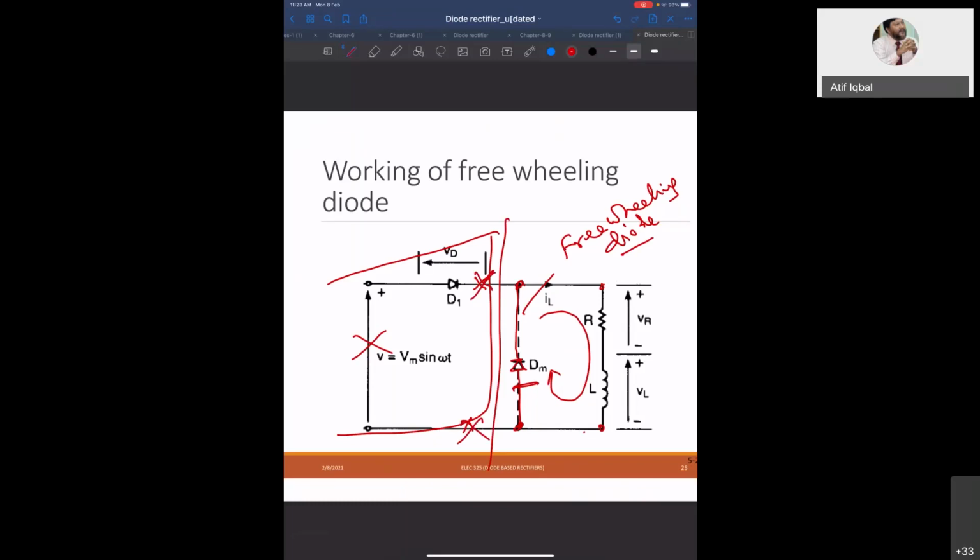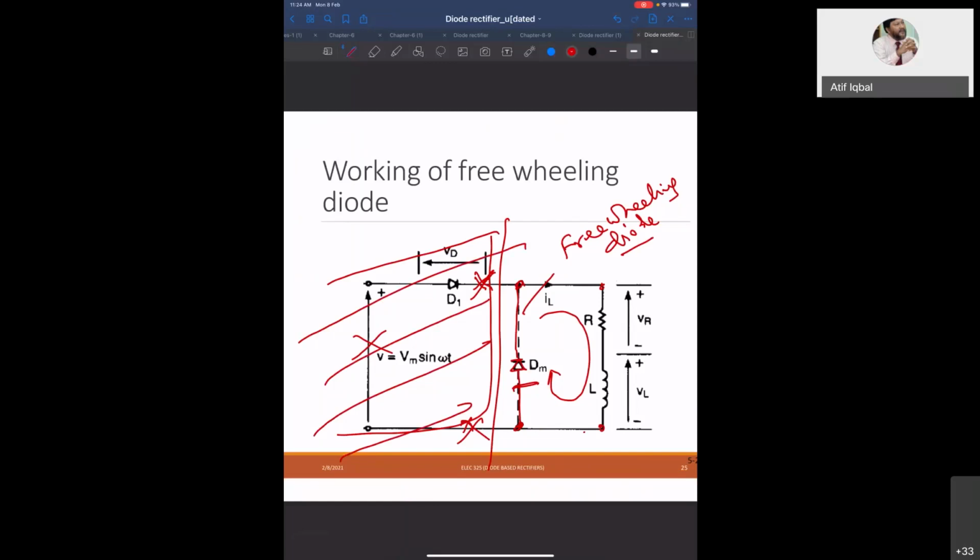And how do you provide a path? You provide a path by providing an anti-parallel diode. So this diode is called a freewheeling diode, so that even if there is no source from this side, you can still allow the current to flow through this diode.